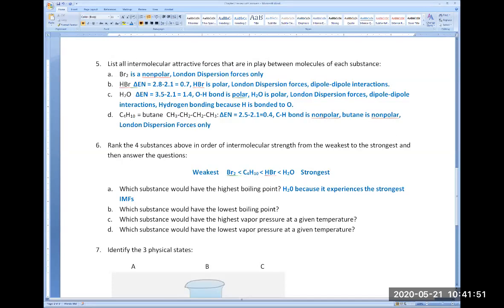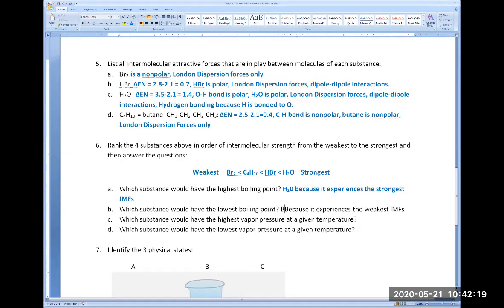So which substance would have the lowest boiling point then? So the one that will have the lowest boiling point will be the molecule that experiences the weakest.